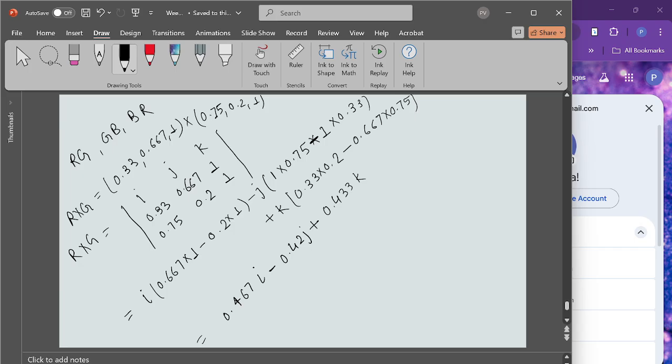For R cross G, if you extract it, you will get here 0.467, here 0.42 and here 0.433.